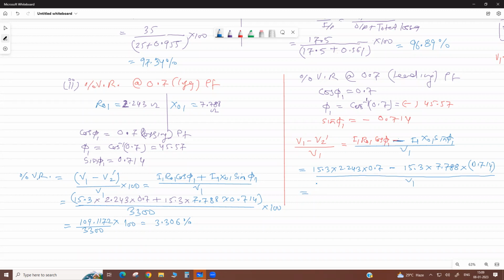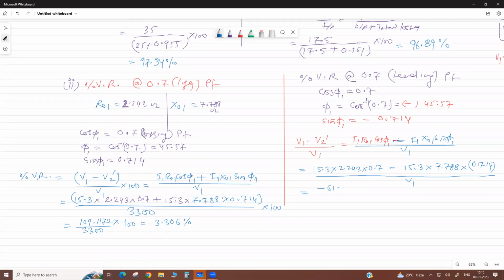Here if you do 15.3 into 2.243 into 0.7 minus 15.3 into 7.788 into 0.714, it comes negative 61.